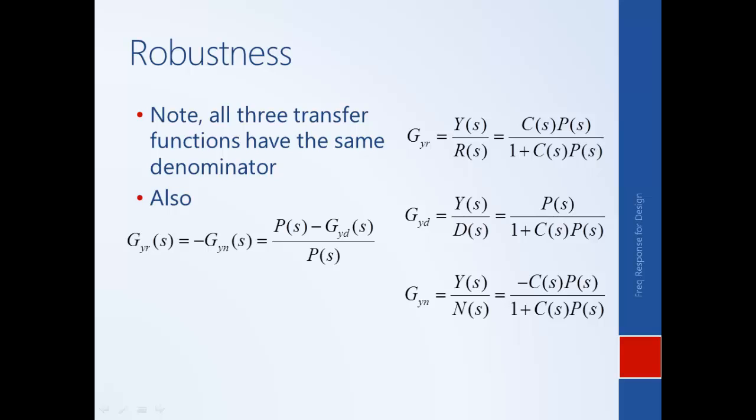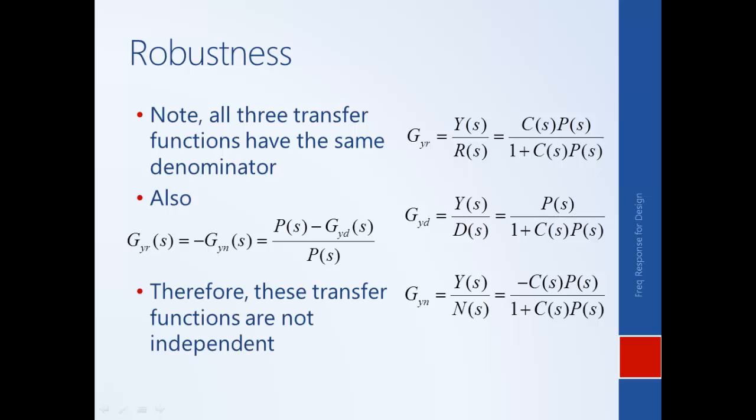These two transfer functions are also related to the third transfer function, the transfer function from the disturbance to the output, as shown here. And so the takeaway is that these transfer functions are not independent. So if you do something in order to, let's say, attenuate the disturbance, you may adversely affect the system's response to noise or the system's response to the reference.